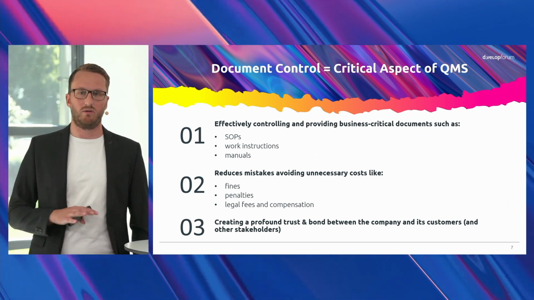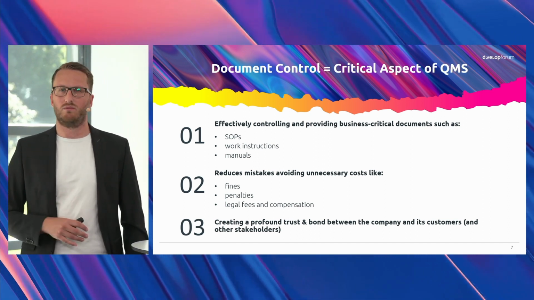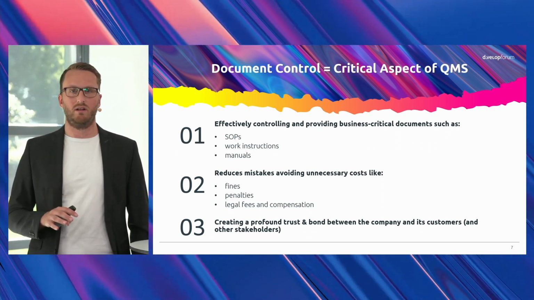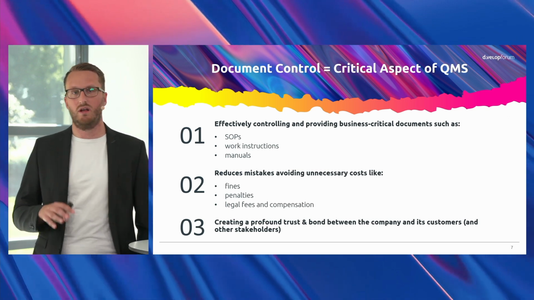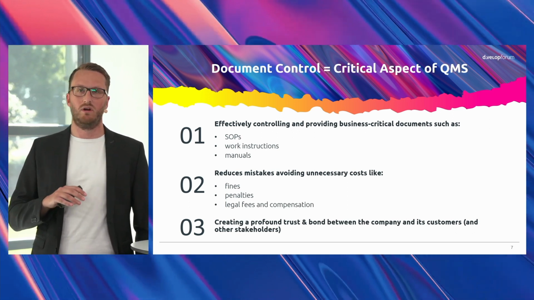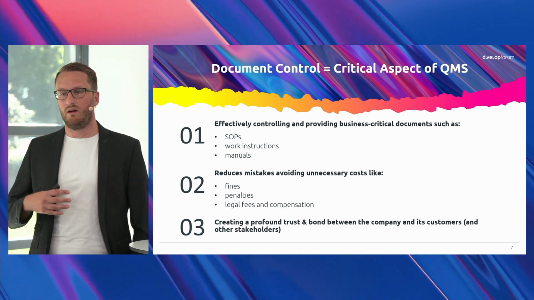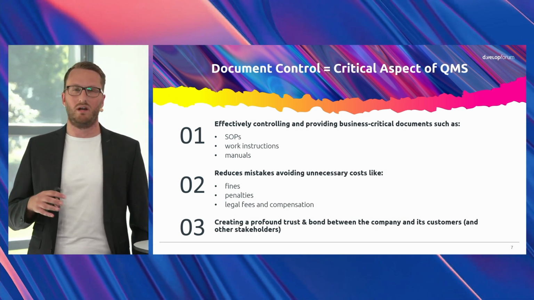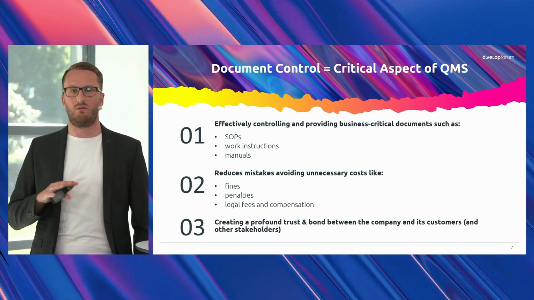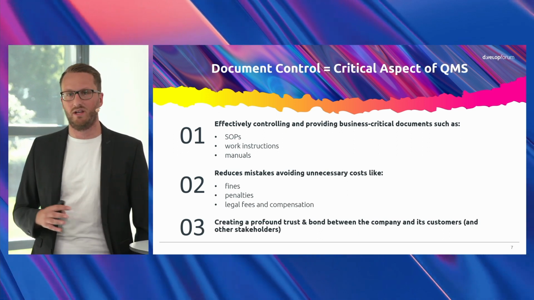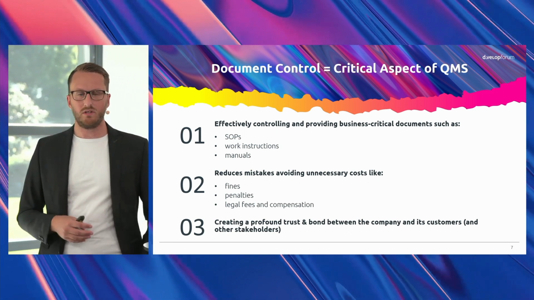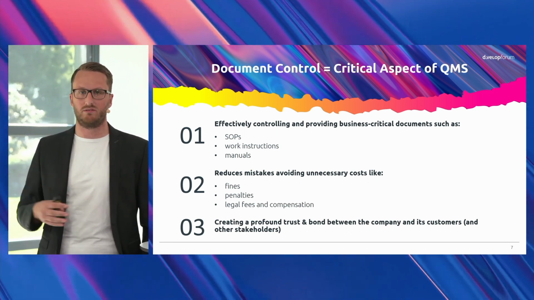So speaking about SOPs, work instructions, general manuals maybe, and by making sure that those are available at the latest version, so every time up to date and easy and fast accessible, you have the opportunity to reduce mistakes in general, mistakes that would otherwise cause unnecessary costs that you absolutely don't want to have, of course. So speaking here about general fines, penalties, or legal fees in general that may result out of mistakes during producing your products or services or providing them.